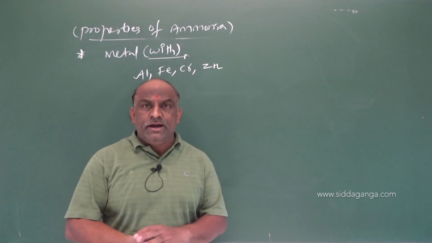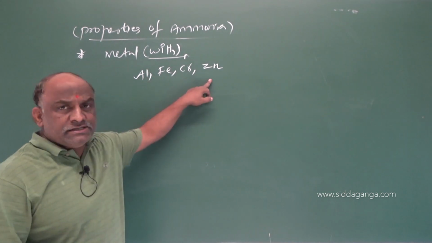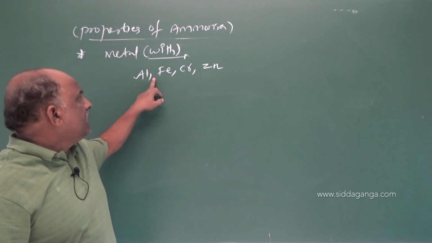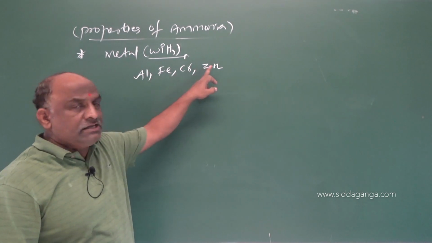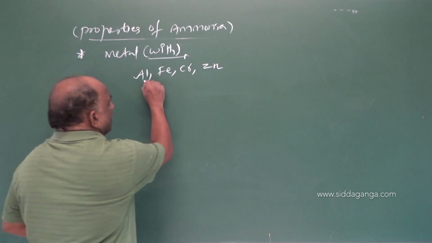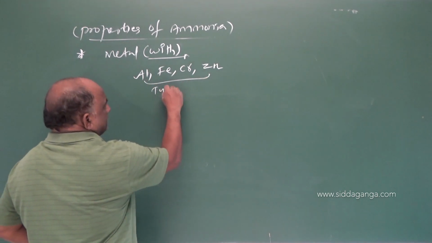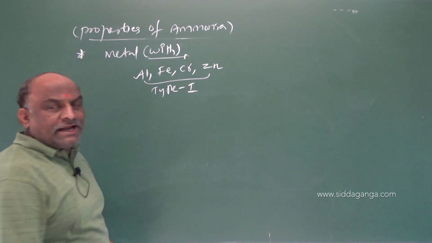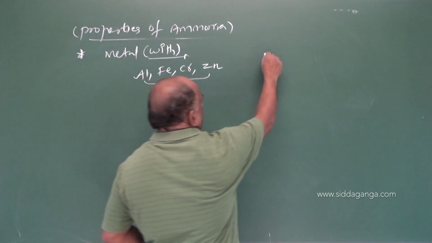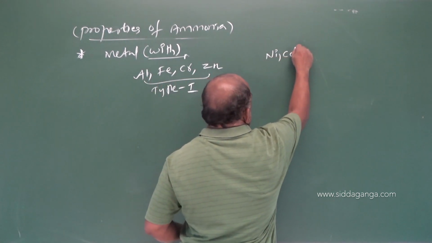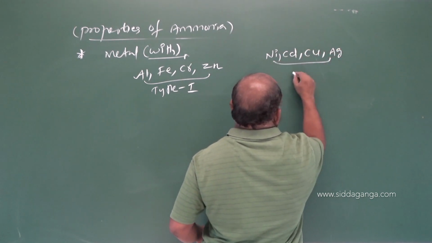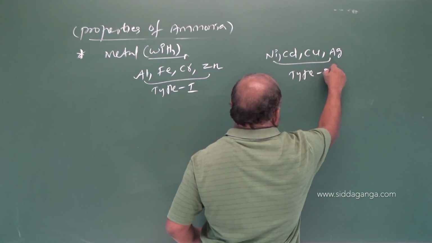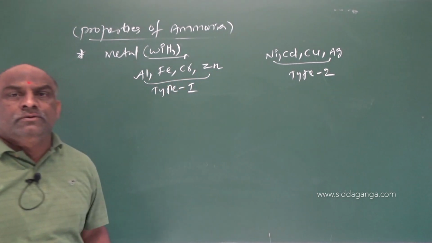Make a special note regarding this. Very important reactions these are. What happens when ammonia reacts with aluminum, chromium, iron, zinc? This is type 1 metals. And the second category is nickel, cadmium, copper, silver. Type 2.